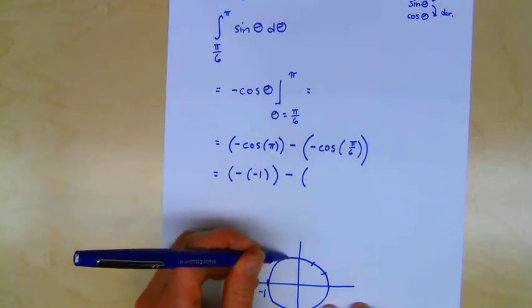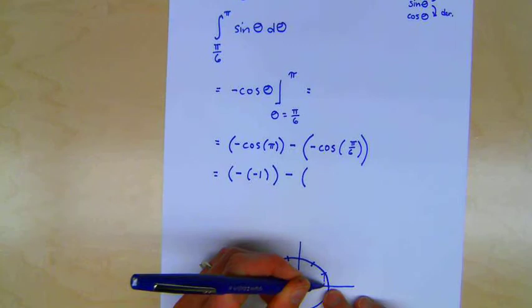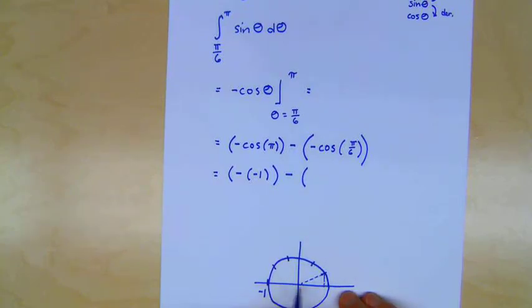If I break up pi into sixths, cosine of pi over 6 is 1 over the square root of 2. Right? Yes, I think so. So that when I evaluate this, no, 1 over square root of 3.